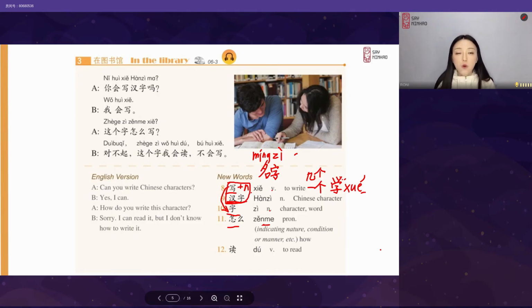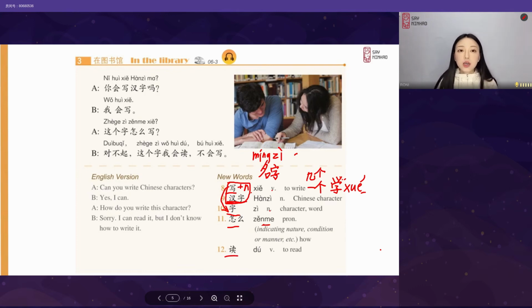It means how. 怎么, read after me please. 怎么, how. For example, how to write is 怎么写, and how to eat is 怎么吃.